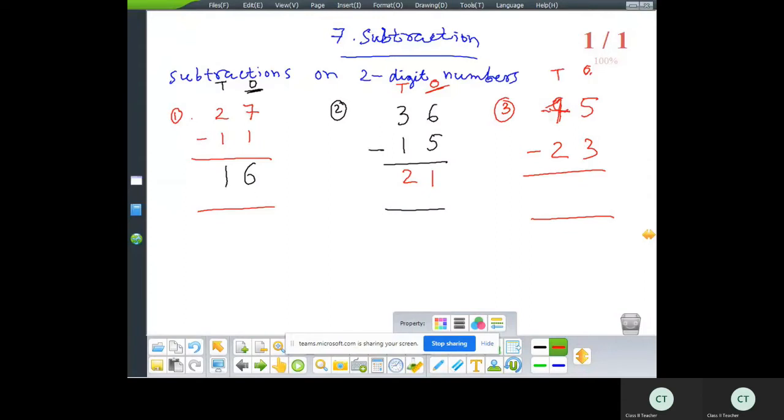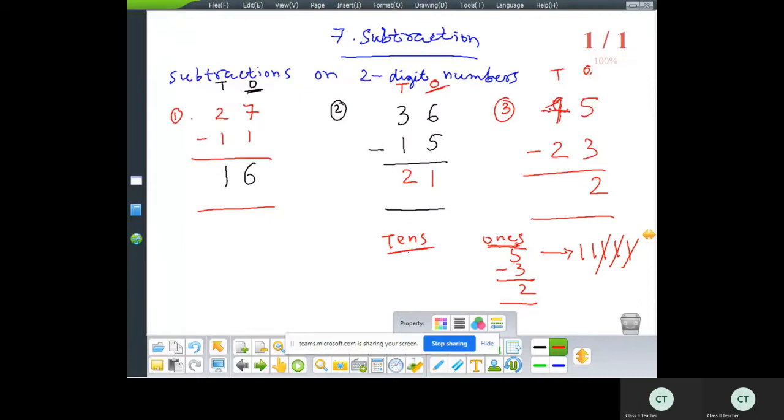On subtracting ones, the digits are in the ones place, 5 and 3. 5 minus 3. From 5 we subtract 3. 1, 2, 3. After removing 3 lines from 5 lines, there are 2 lines. 5 minus 3 is 2.